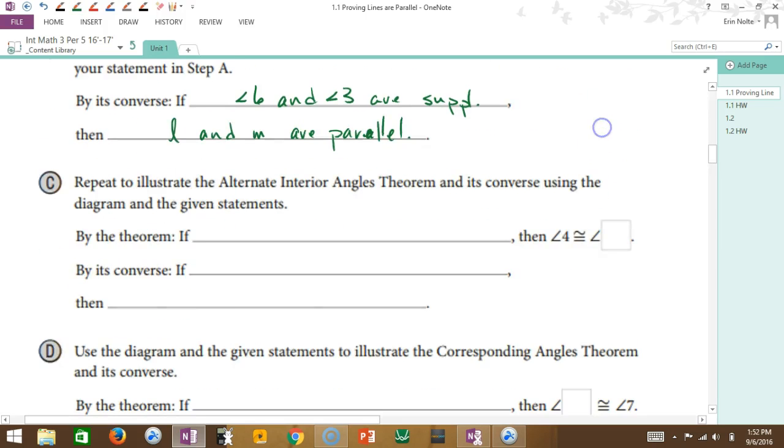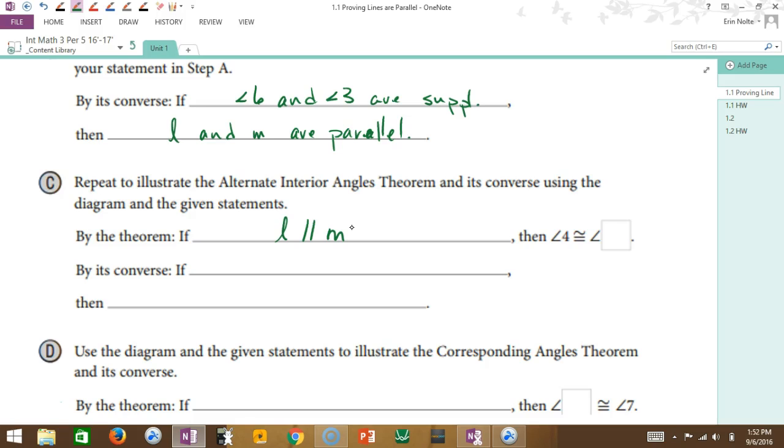Okay, let's do the same idea, but this time let's use alternate interior angles. The theorem says if the lines are parallel, right? So if L is parallel to M, you see how I'm going to start making my little abbreviations because I'm a math person. Then angle 4, is this a new symbol to anybody?